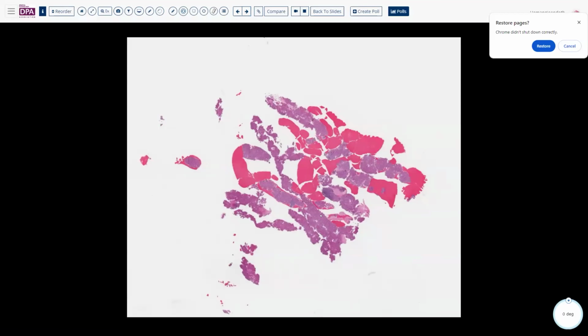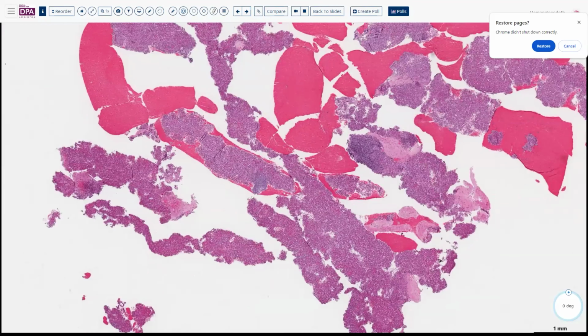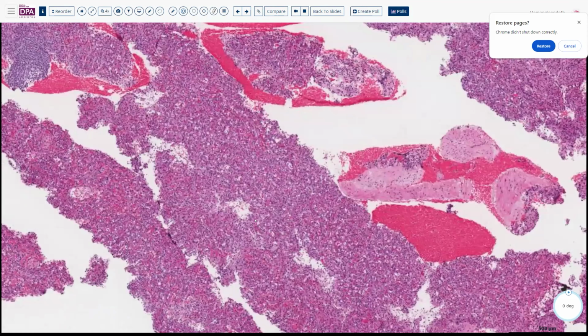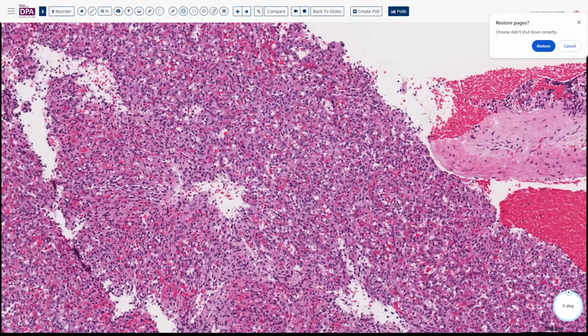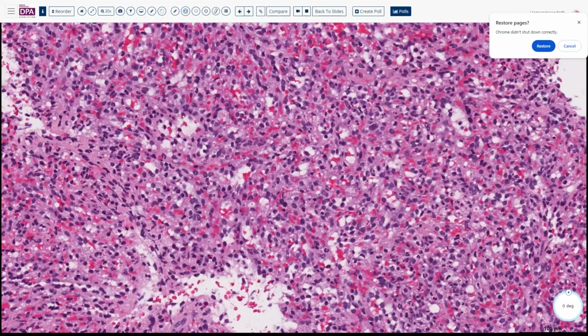This is a more recent case, and this was a patient who was thought to have been followed for cirrhosis. And that's the history that came to me, a liver biopsy, patient with cirrhosis. Well, I didn't see any normal liver tissue here, but in fact saw only this very vascularized pattern tissue, a lot of vacuolated spaces or endothelial type spaces, a lot of red cells in the background.